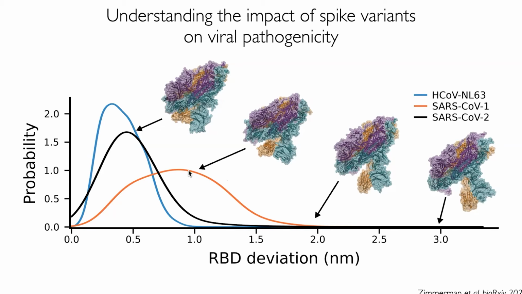And there's some other factors to consider, so please don't think I'm oversimplifying things, but at least to a reasonable extent, it's accurate to say that the SARS-2 spike is in a sort of Goldilocks scenario, where it's far better at evading an immune response than SARS-1 by being more closed, but it's significantly more open than NL63, so it's far more successful at entering into host cells than the NL63 virus, for example.